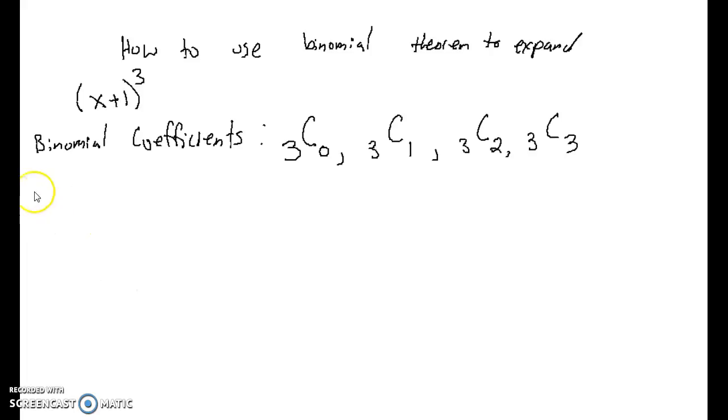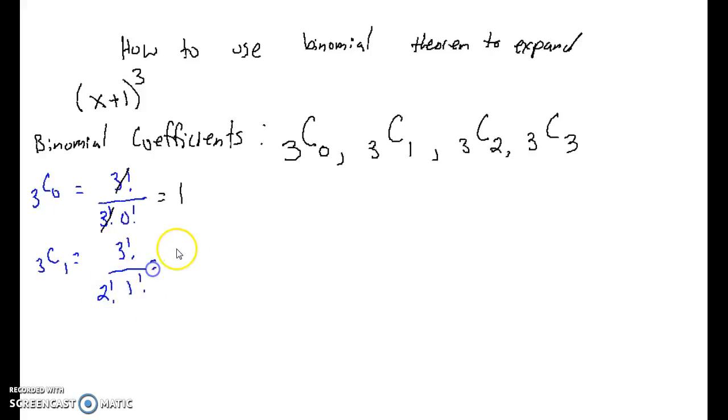Which we already talked about: I will always have one more term than I have exponents. So how do I actually use this? 3C0 is 3 factorial over 3 minus 0, which is 3 factorial, times 0 factorial. Remember that 0 factorial is equal to 1, so this crosses off and equals 1. 3C1 is 3 factorial over 2 factorial times 1 factorial, so 3 times 2 times 1 over 2 times 1 times 1.